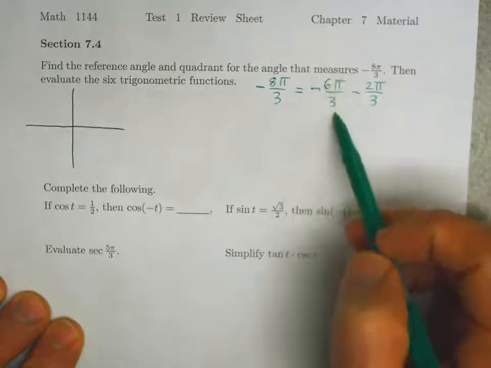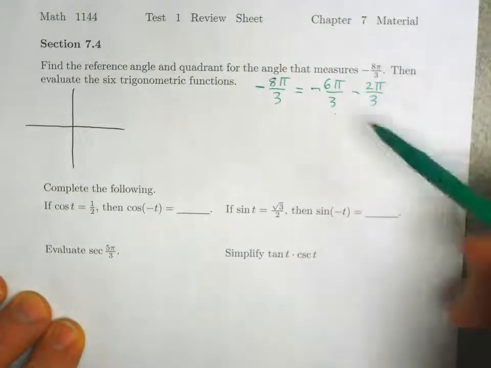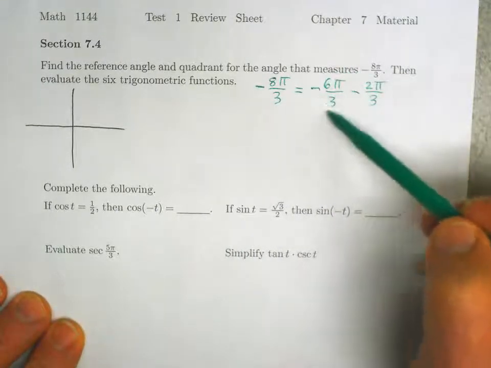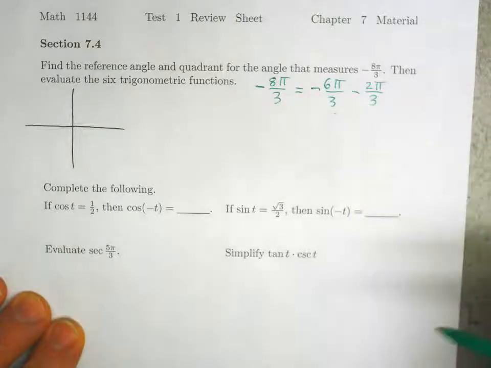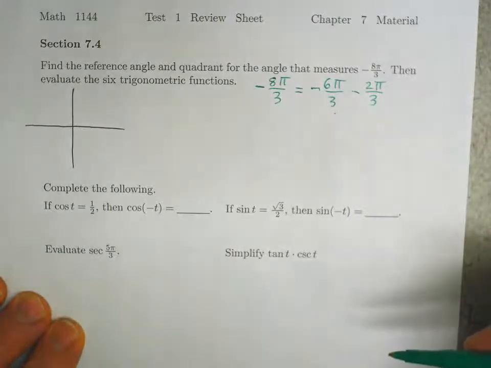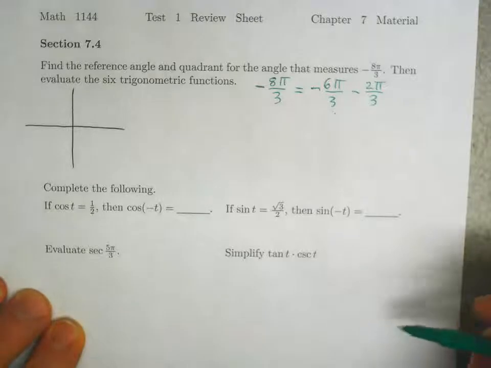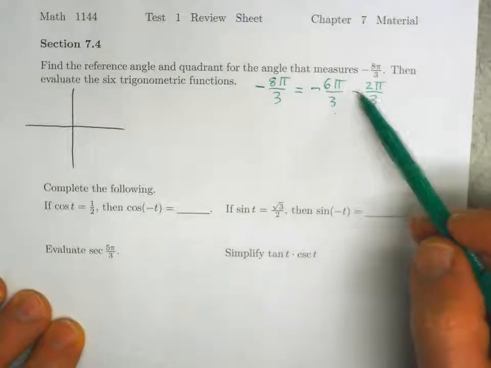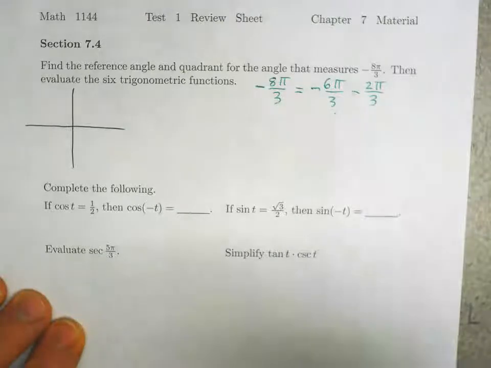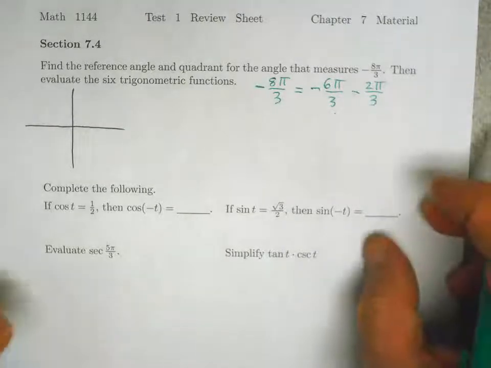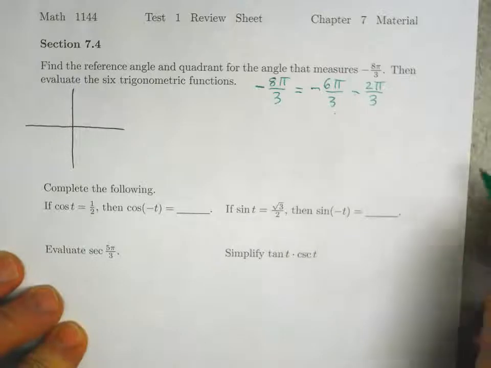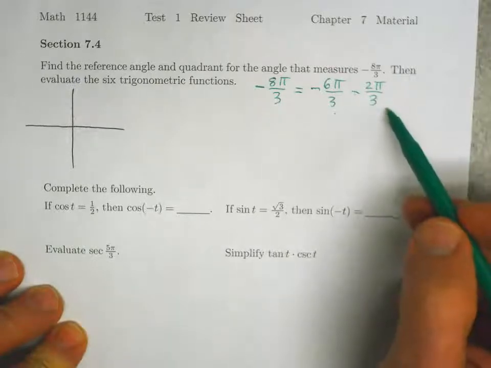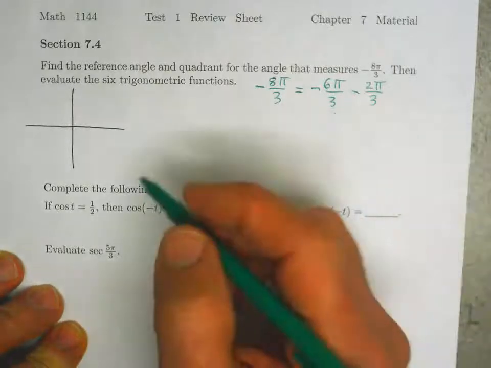Negative 6 pi over 3 is negative 2 pi, so that just represents one revolution in the clockwise direction. And then it goes a little bit further. So this is going to end up where?